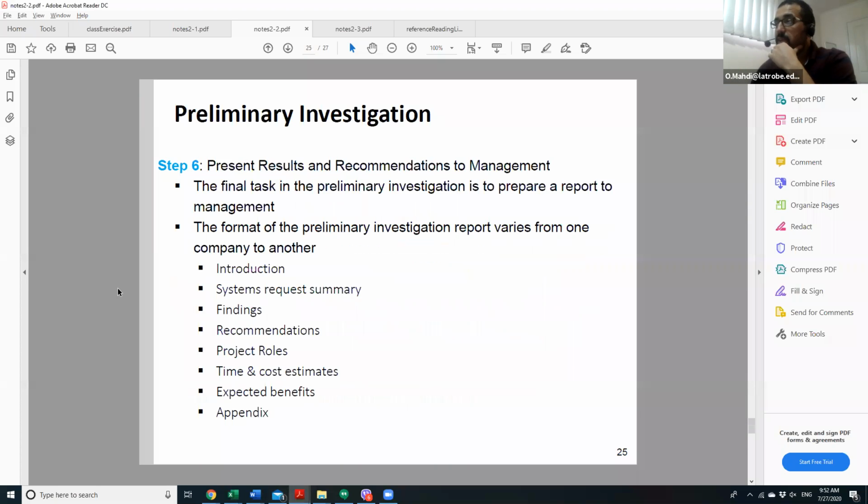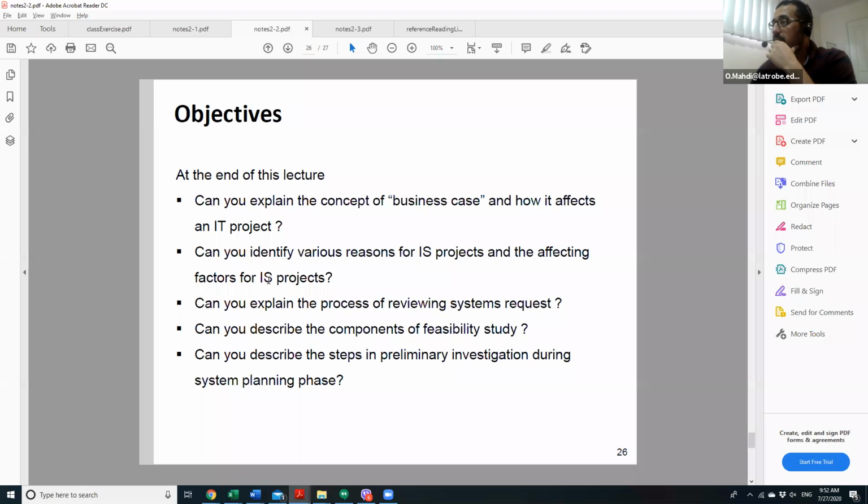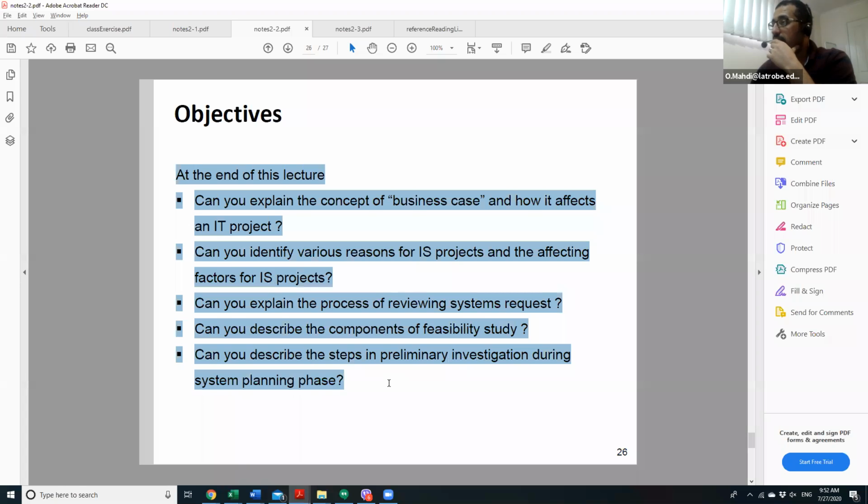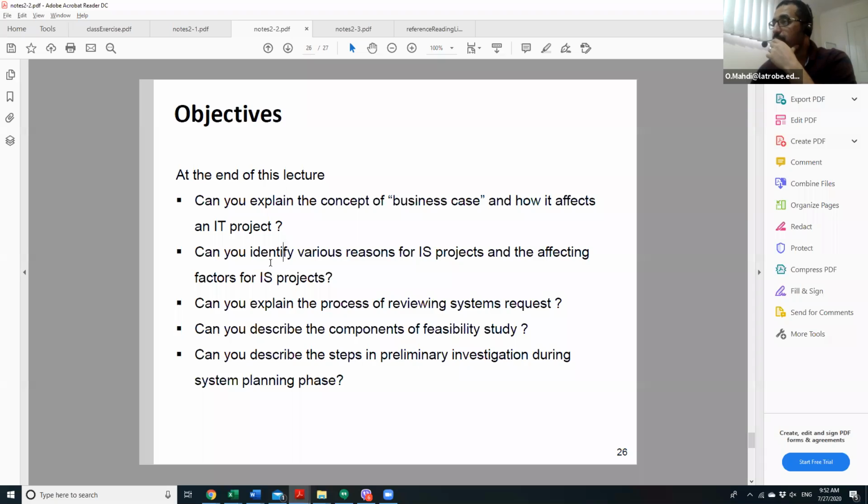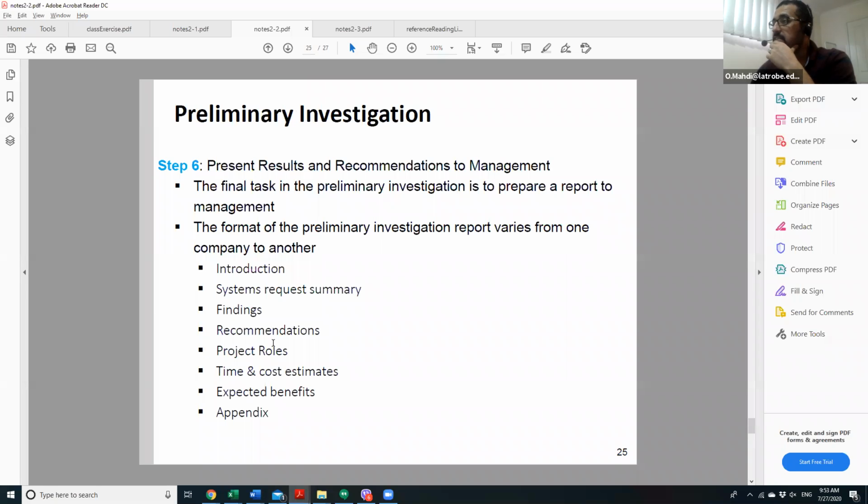Okay, guys. So actually, I'm just trying to review everything here. This is just brief details. For example, step five, present results and recommendation to management, is the final task: prepare a report for the management.